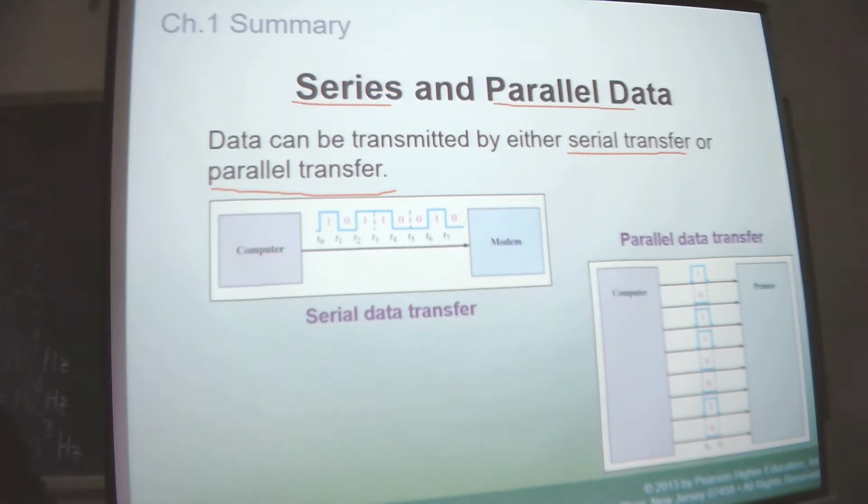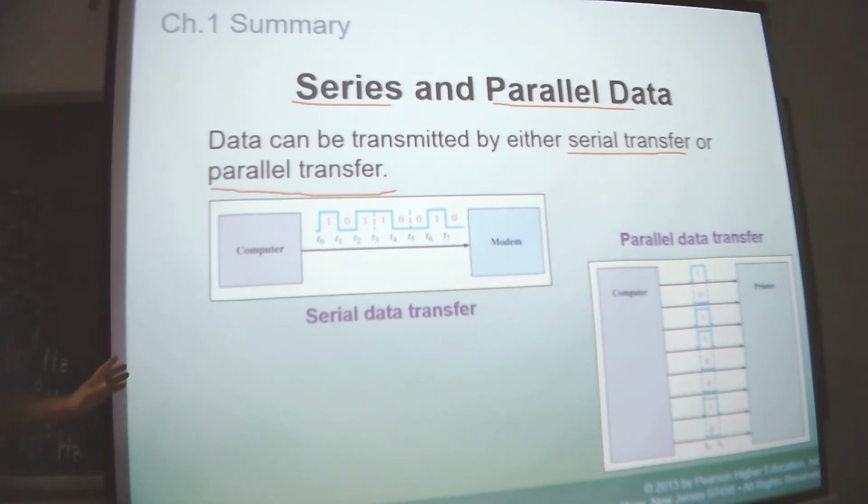And the parallel data transfer. The data can be transmitted in parallel. For example, the printer. We use a printer to print papers. The printer can receive many bits at one time: 1, 2, 3, 4, 5, 6, 7, 8.